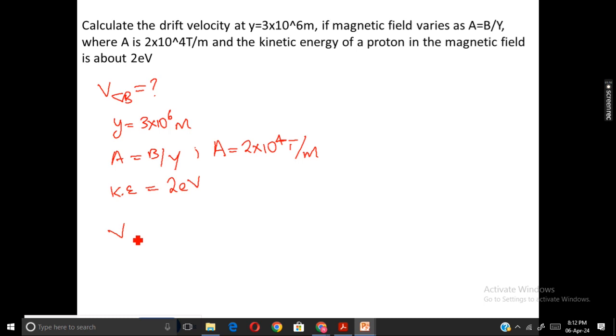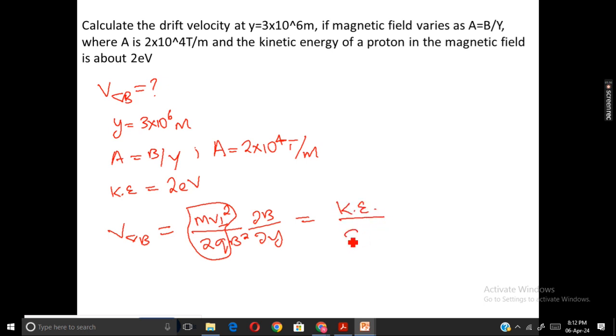So what is the equation for the gradient drift velocity? Delta V is given by m v perpendicular square by 2 q B square into dou B by dou Y, which will basically be half m v square. This term can be written as kinetic energy.